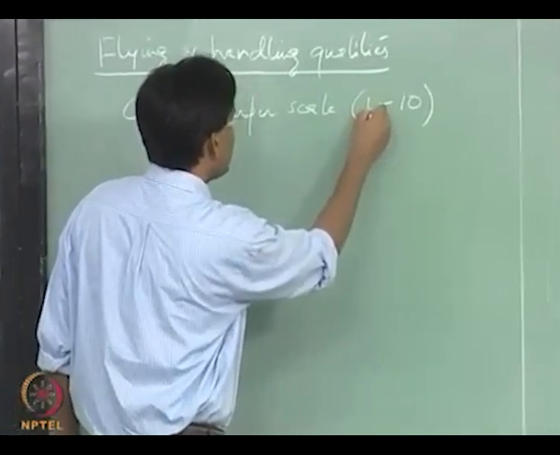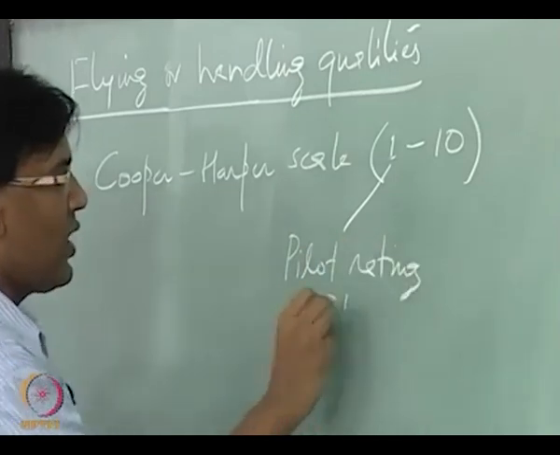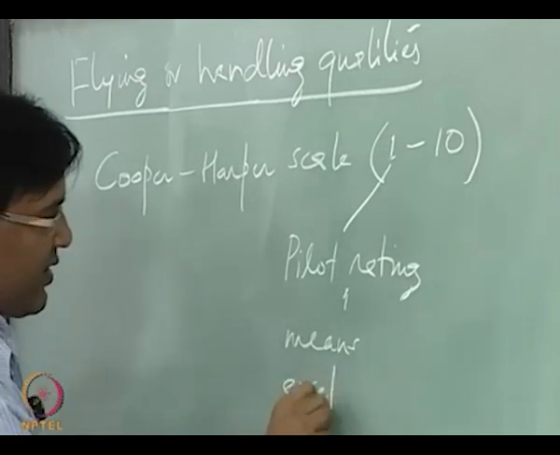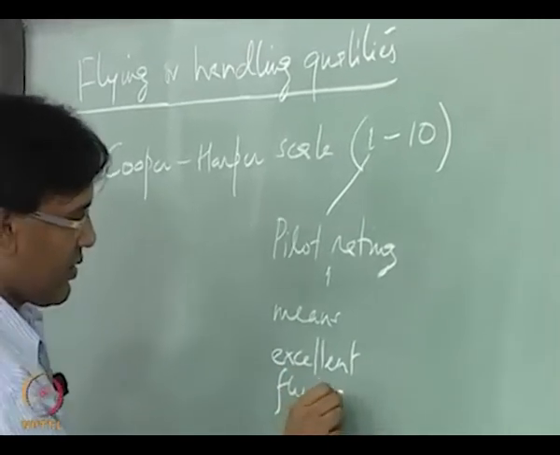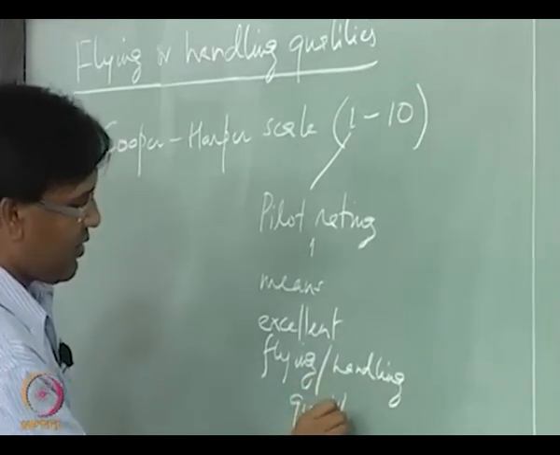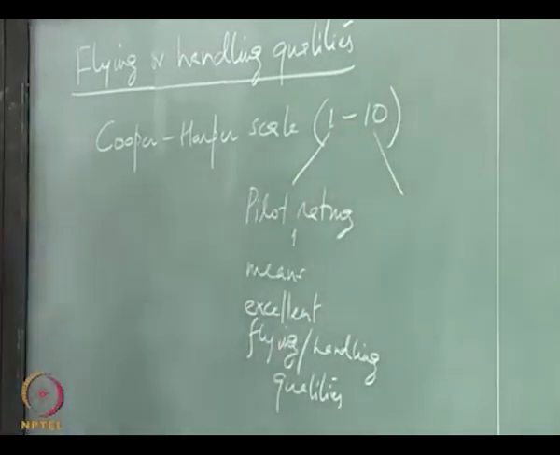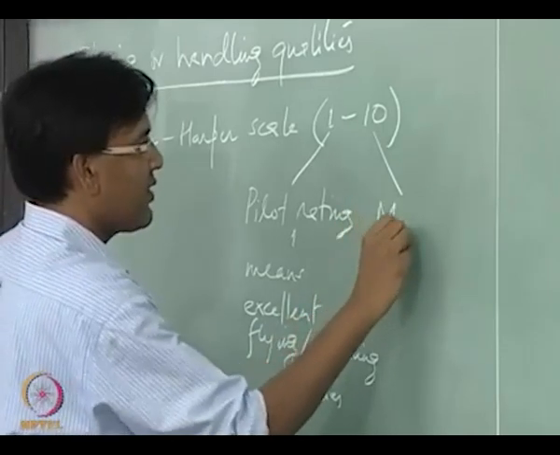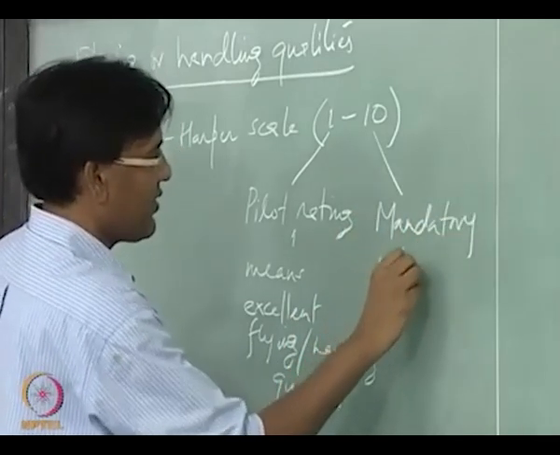So rating 1 means excellent flying, and 10 is when it is really bad and you recommend mandatory improvement.